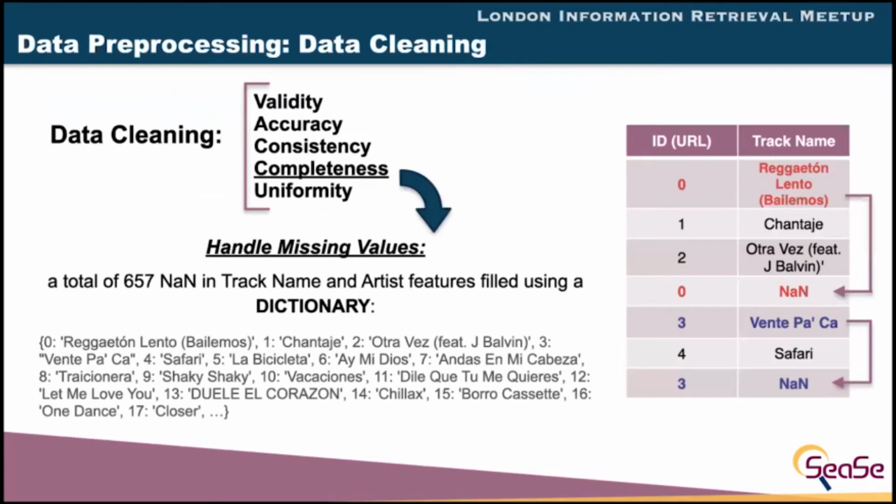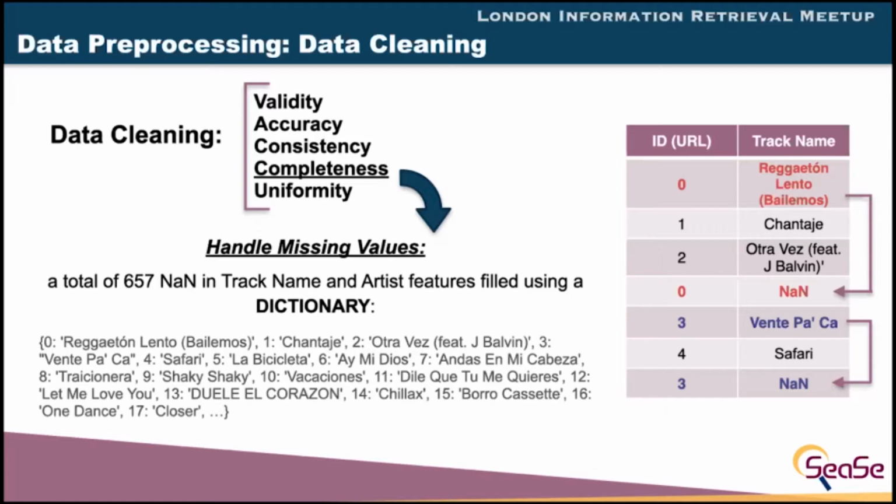We start now with the data cleaning. That is the process of ensuring that our data are correct, consistent, and usable. In particular, we verified the completeness of the data, and we found a total of 657 NaN in track name and artist features.